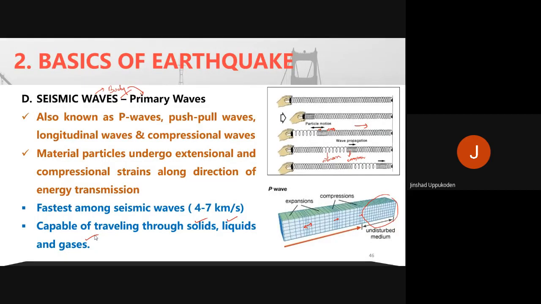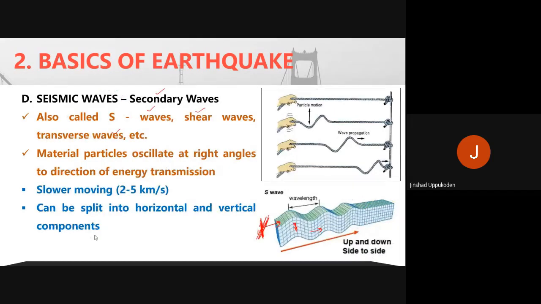And then S waves. As I told you, there are two directions, horizontal and vertical, so depending upon that, they may be called SH waves or SV waves. That is also used. S waves can travel only through solids.